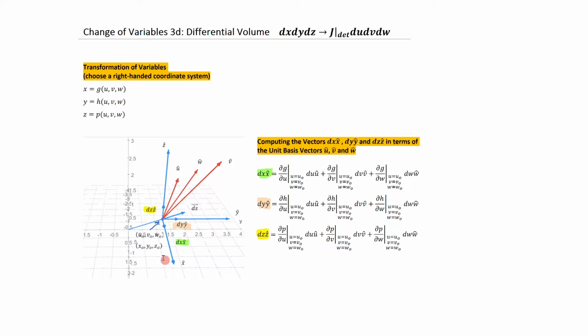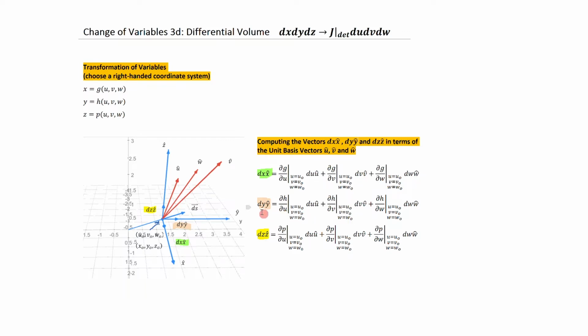What we'd like to do is figure out how we can determine dx x hat in terms of the unit vectors u hat, v hat, and w hat, and similarly dy y hat and dz z hat. The expressions on the right show you how that is done. This is taking the partial with respect to u, partial with respect to v, and partial with respect to w for function g to find the relationship between differential distance along the x hat direction and how that's related to differential distance along u hat, v hat, and w hat.